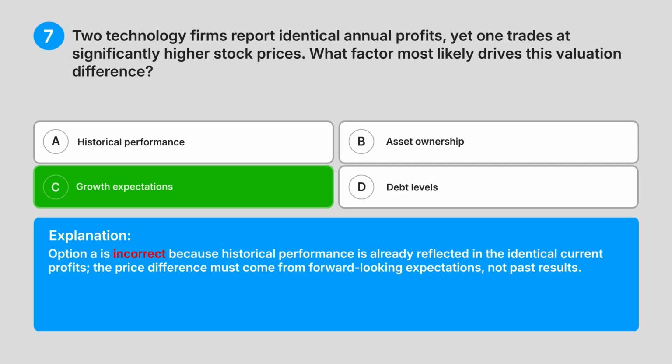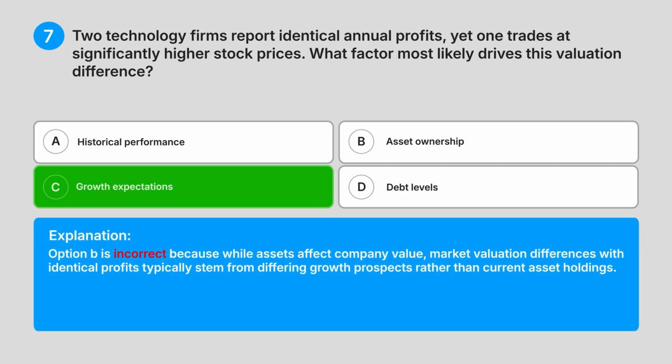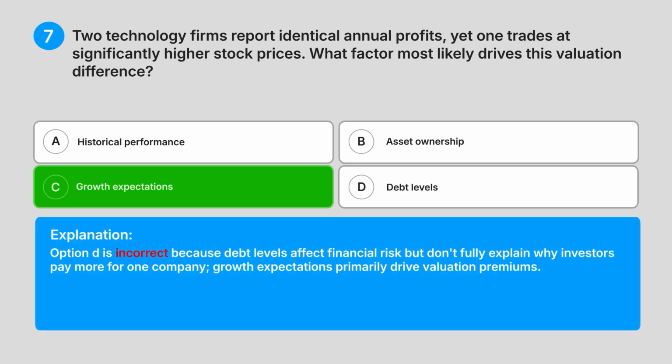The price difference must come from forward-looking expectations, not past results. Option B is incorrect because while assets affect company value, market valuation differences with identical profits typically stem from differing growth prospects rather than current asset holdings. Option D is incorrect because debt levels affect financial risk, but don't fully explain why investors pay more for one company. Growth expectations primarily drive valuation premiums.